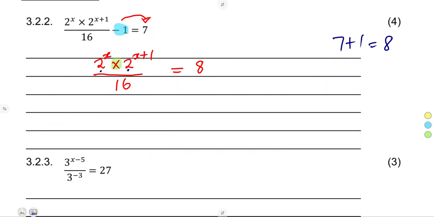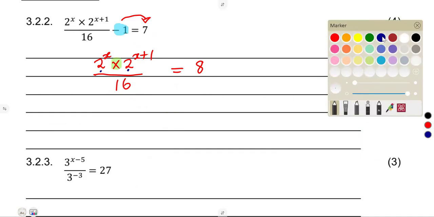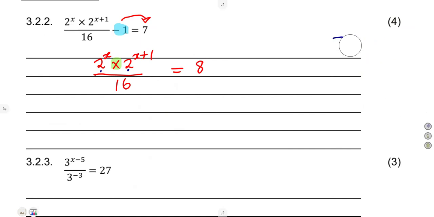So we can use the laws of exponents when the same bases are being multiplied. X to the exponent of a times x to the exponent of b. Same bases. When multiplied, we must add the exponents.